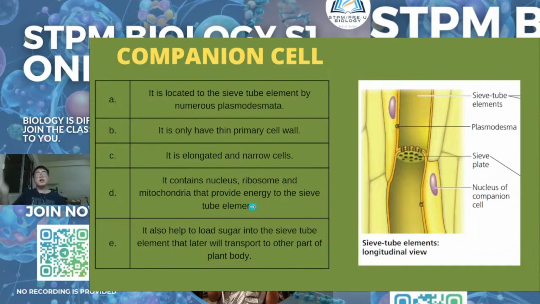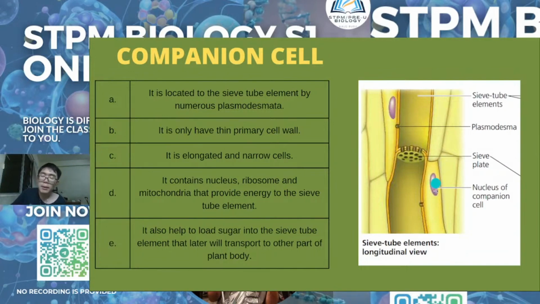So compared to the xylem vessel, the xylem vessel just transports water and also mineral ions. Transporting that actually does not require much energy. It is very easy to transport. But for organic nutrients, it is harder to transport without energy. If there is no energy, it cannot be transported.